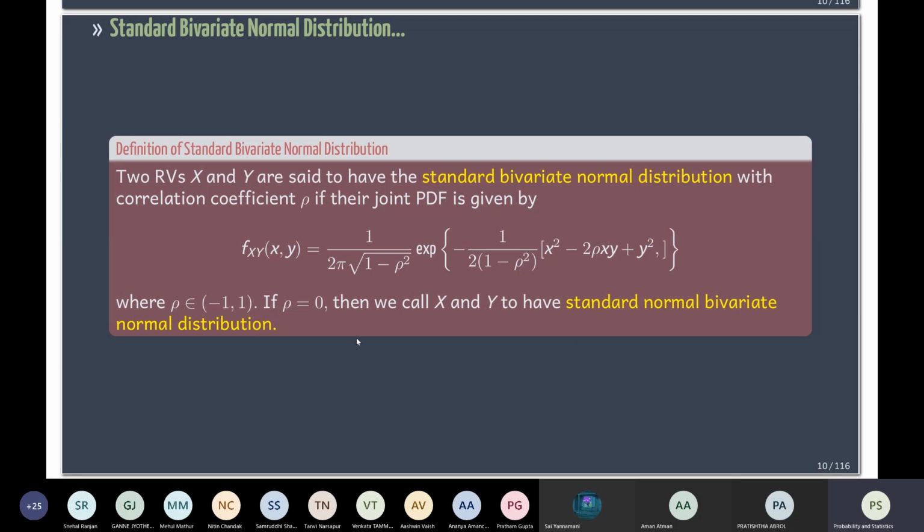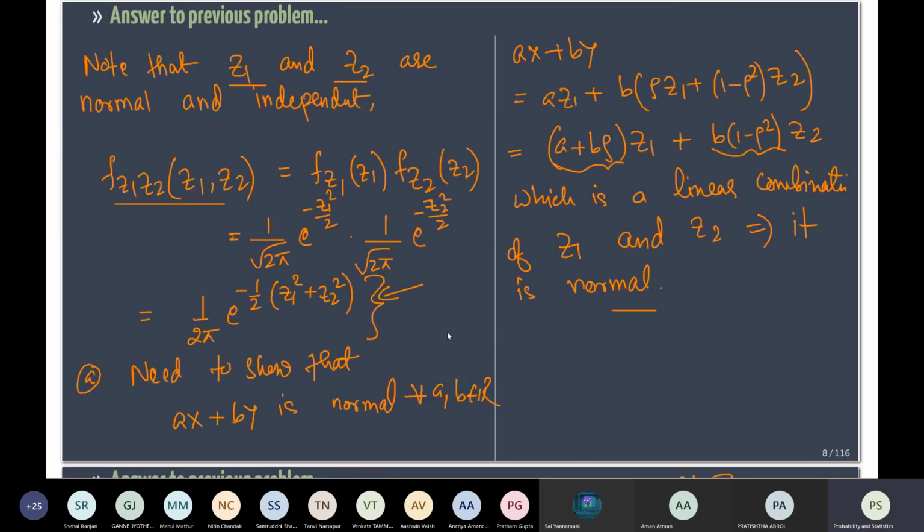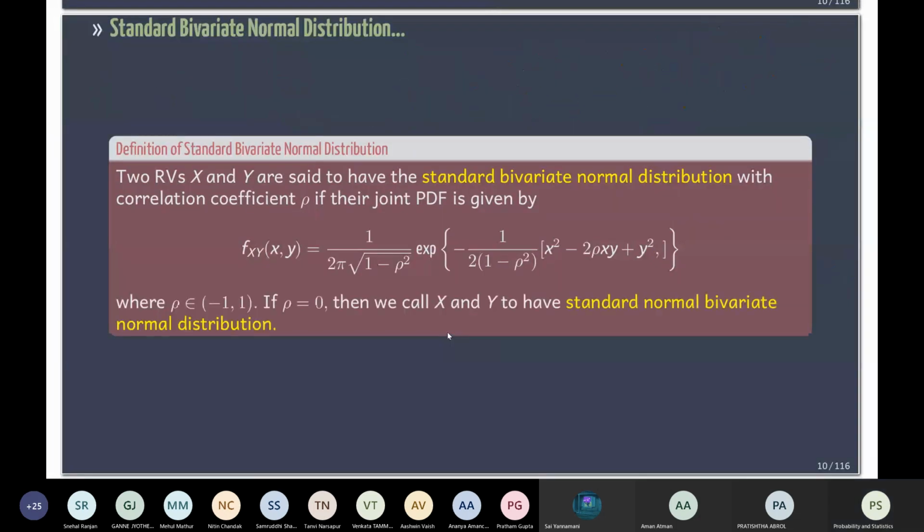So if rho is 0, then the term that we use is standard bivariate normal, and if the correlation is not 0, then we call it... okay, let me see.